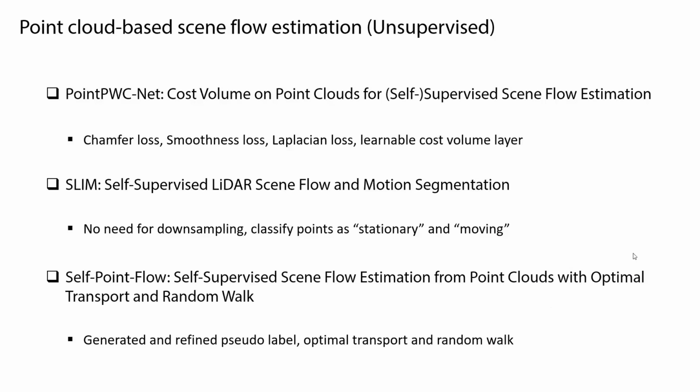The second method is called SLIM. The method didn't need to downsample the points and could input any number of points to the network. The last one is called SelfPointFlow. Different from other unsupervised methods, they generated and refined pseudo labels for training instead of using self-supervised losses to provide a supervision signal.